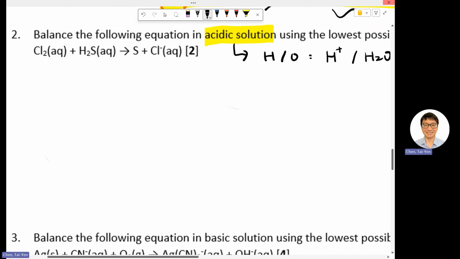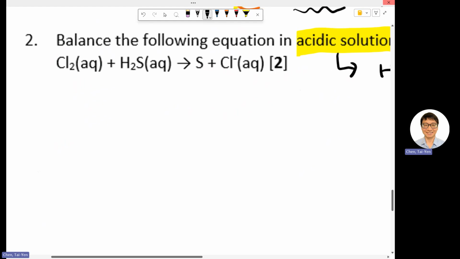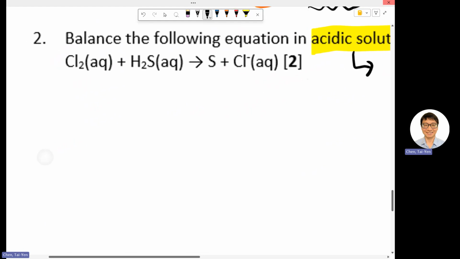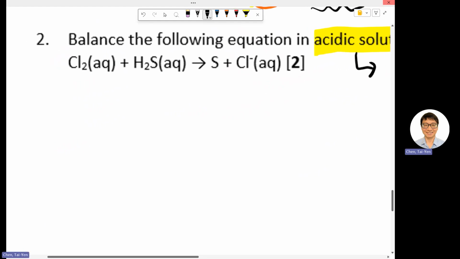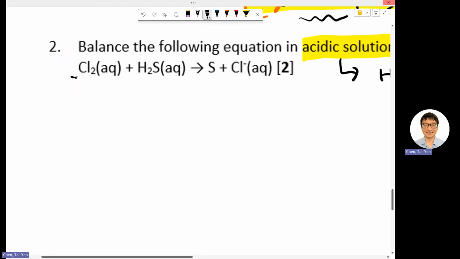Then we can look into this equation and figure out who is our LoRa and who is our G-rock. Okay, so Cl2. Cl2 is a monoatomic molecule, right? And by itself it is neutral. So based on our rules, we know the oxidation number of your Cl will equal 0. H2S.